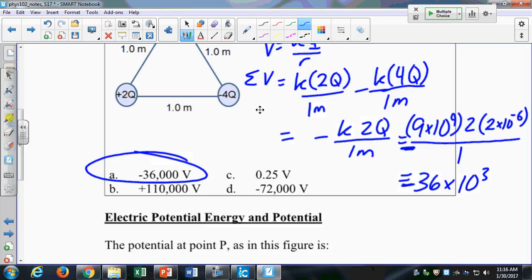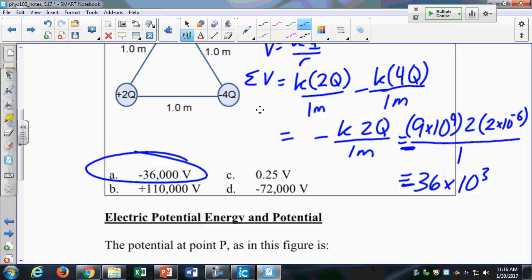But as I sort of led you to believe, since our negative charge is a bigger charge, and it's the same distance as the positive charge, it's going to impact the potential more at that point. I'll have negative 36,000 joules per coulomb, or volts, at the point above those two charges. All right?